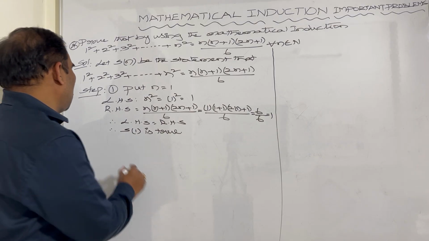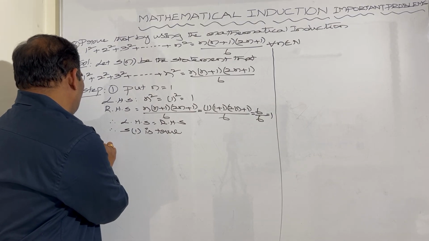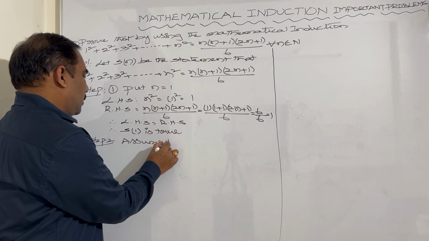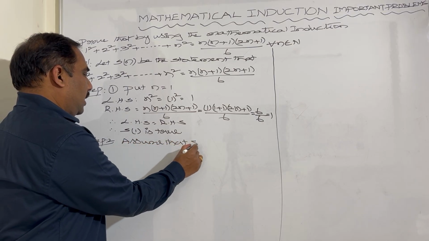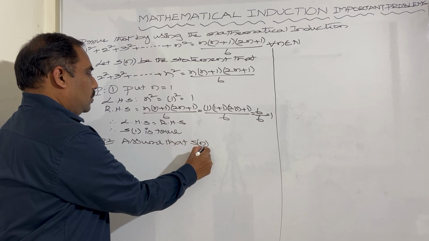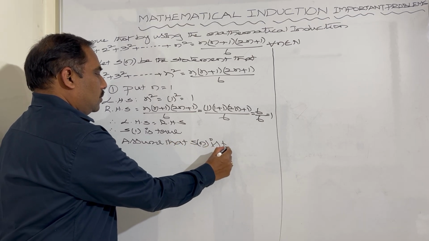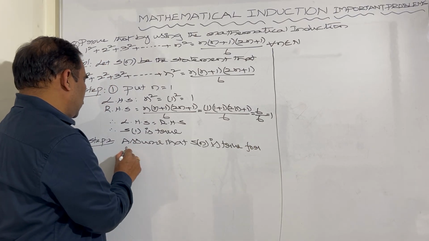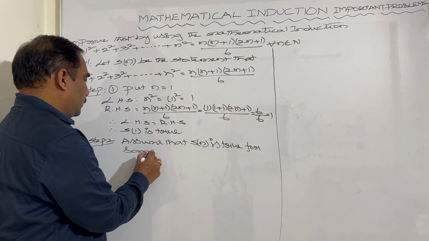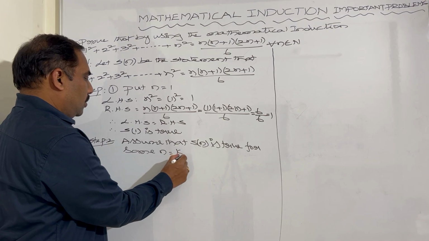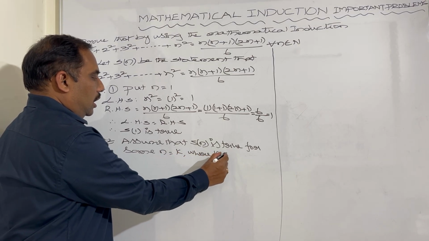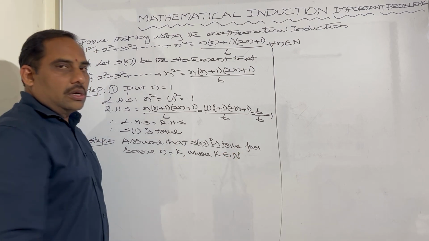Now in step 2, you have to assume that the statement S of n is true for some n is equal to k, where k belongs to the natural numbers.